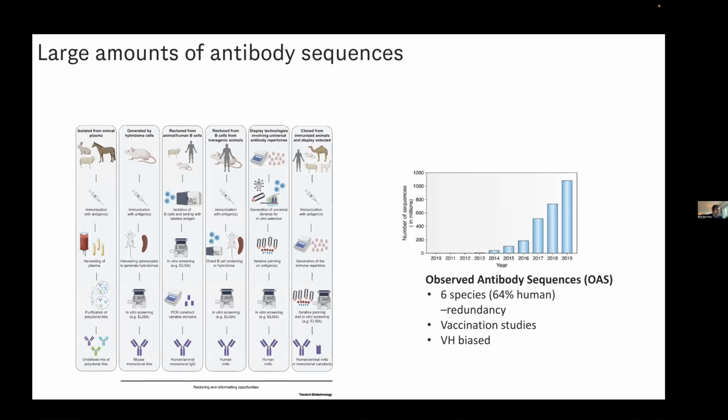All right, and I'm going to try not to run out of time here, but again, we have a lot of observed antibody space. We have lots of things where we actually know what the antibody is supposed to bind.